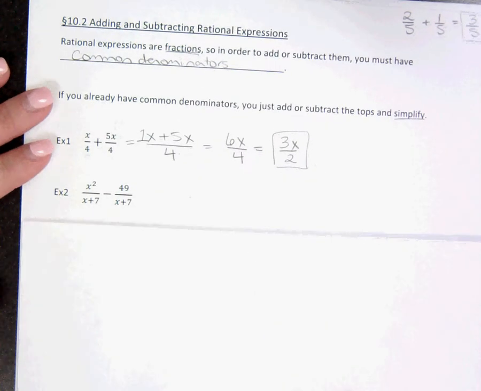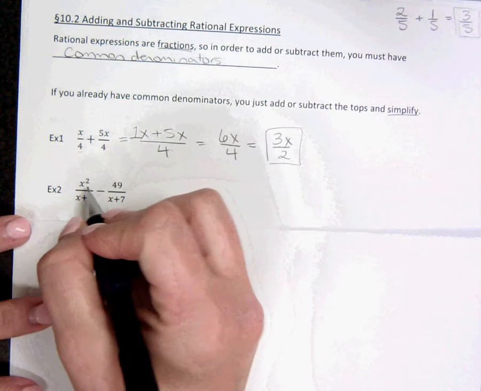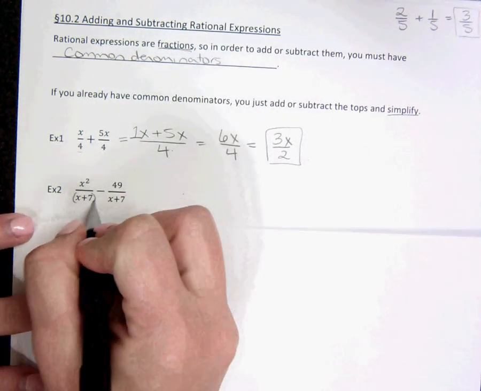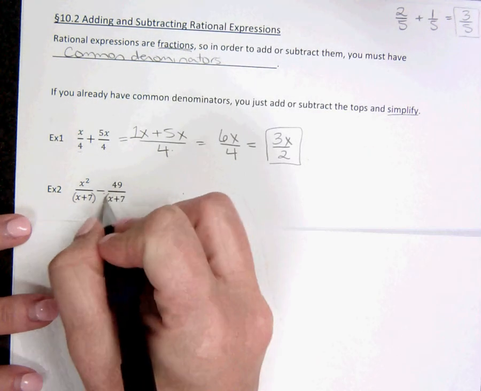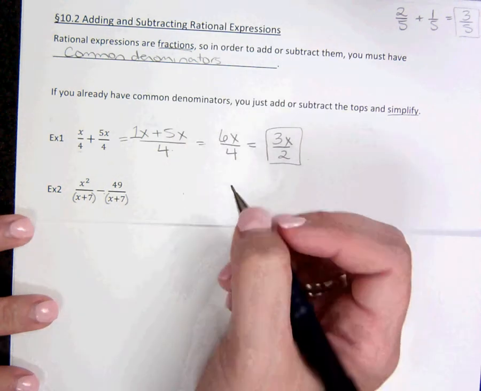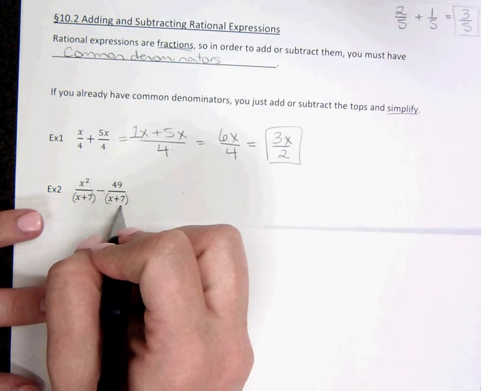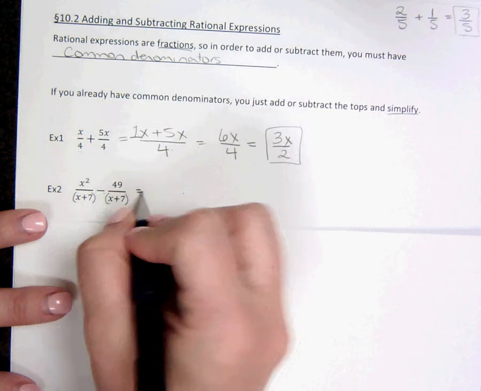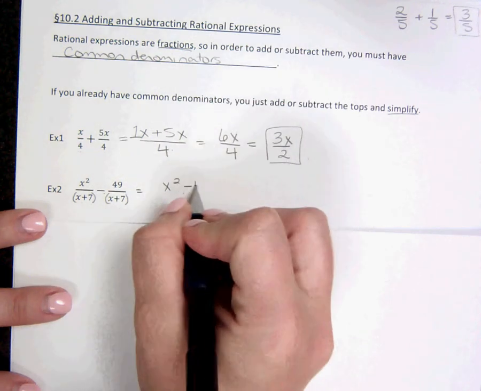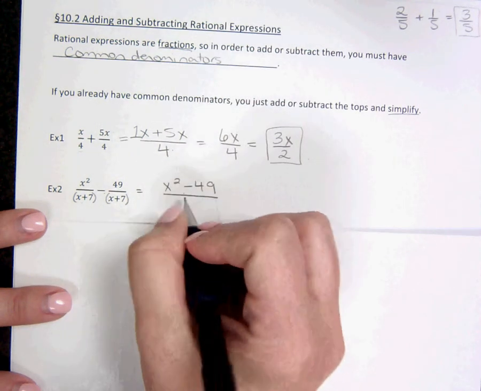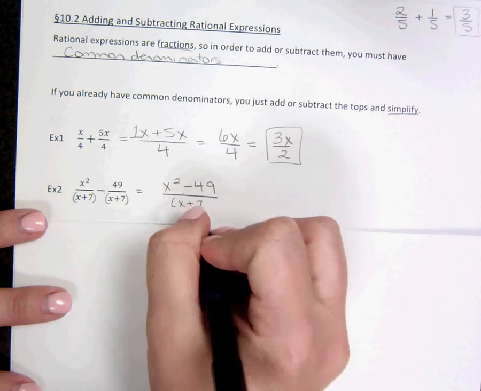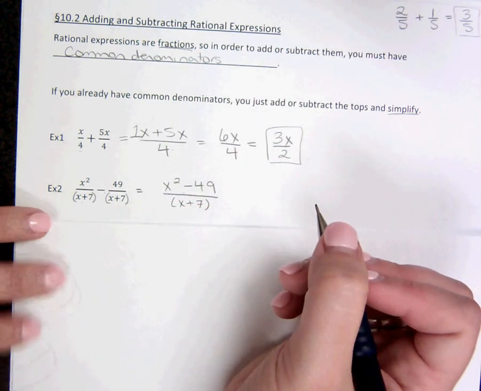Same idea on example 2. x squared over x plus 7 minus 49 over x plus 7. So the denominators are both x plus 7. So we have x squared minus 49 put together over that common denominator, x plus 7.